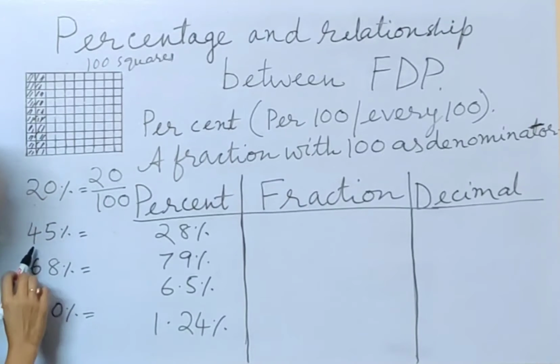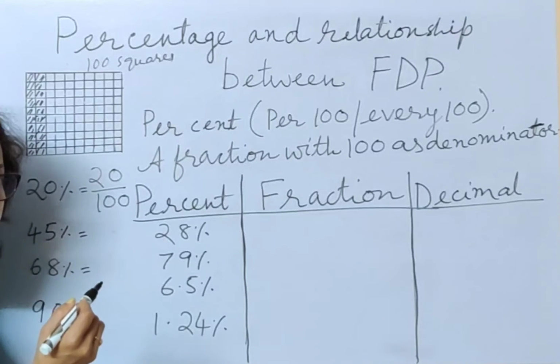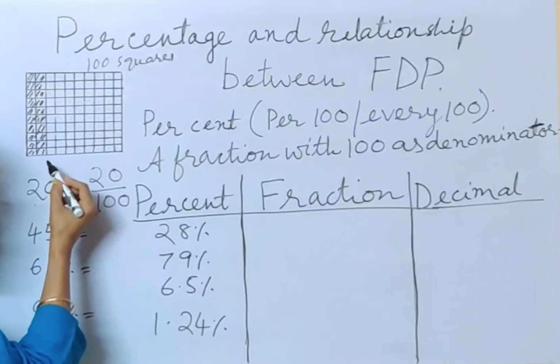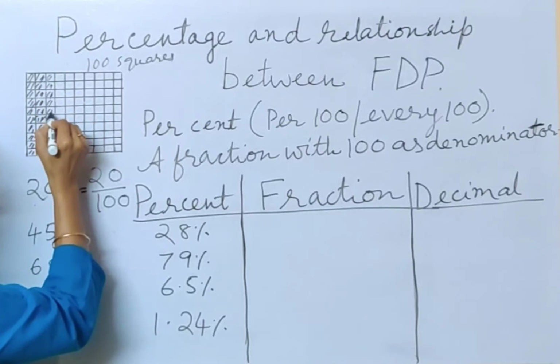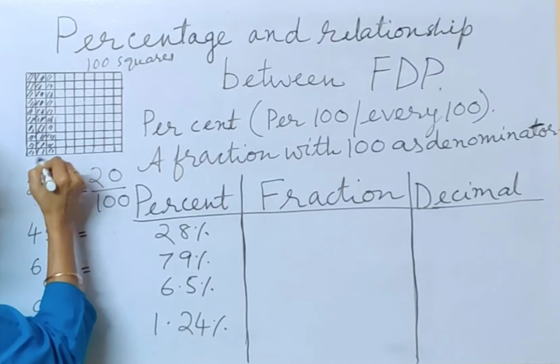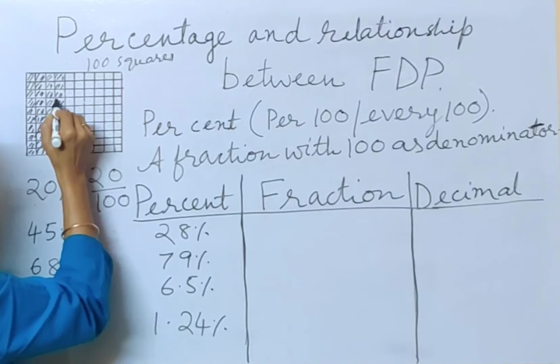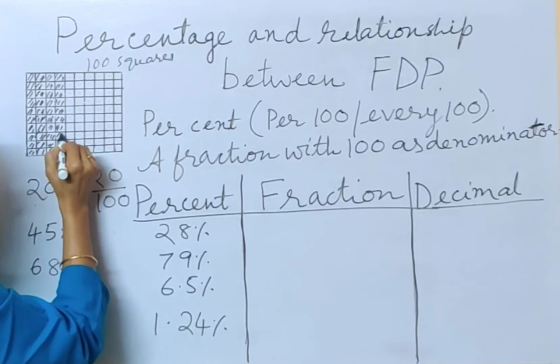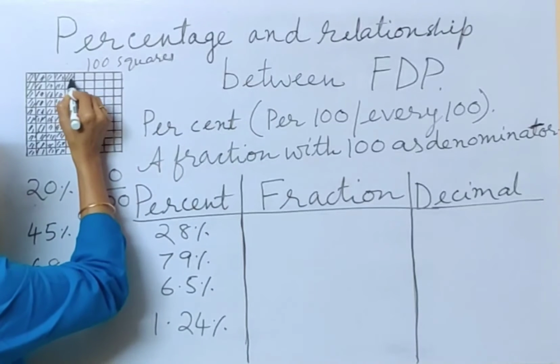Now next one I have 45%. I think now you can tell me, 45 squares I have to shade, right? I have already 20. Now 10 more, so 30, then 10 more, so 40, and 5 more.